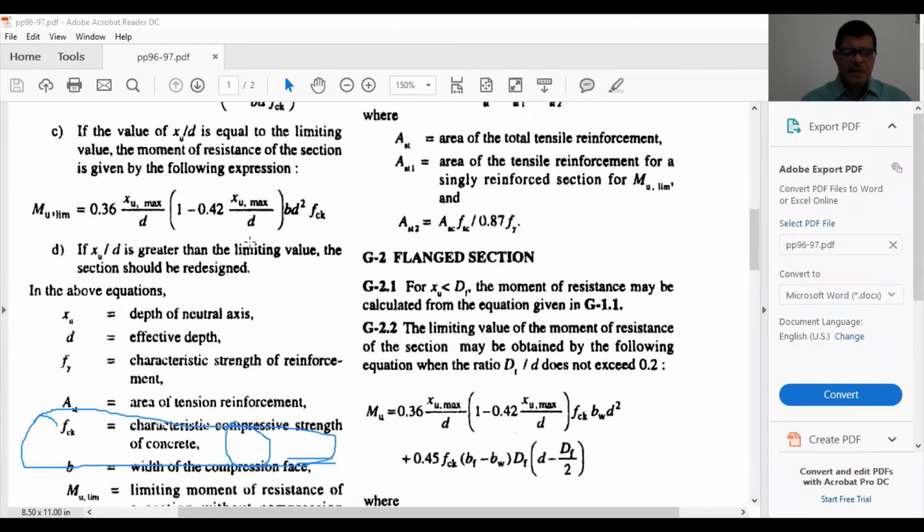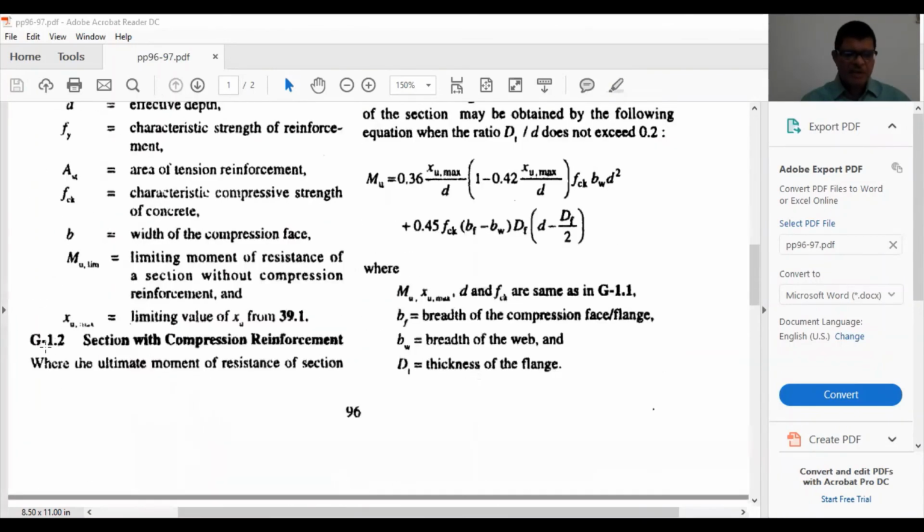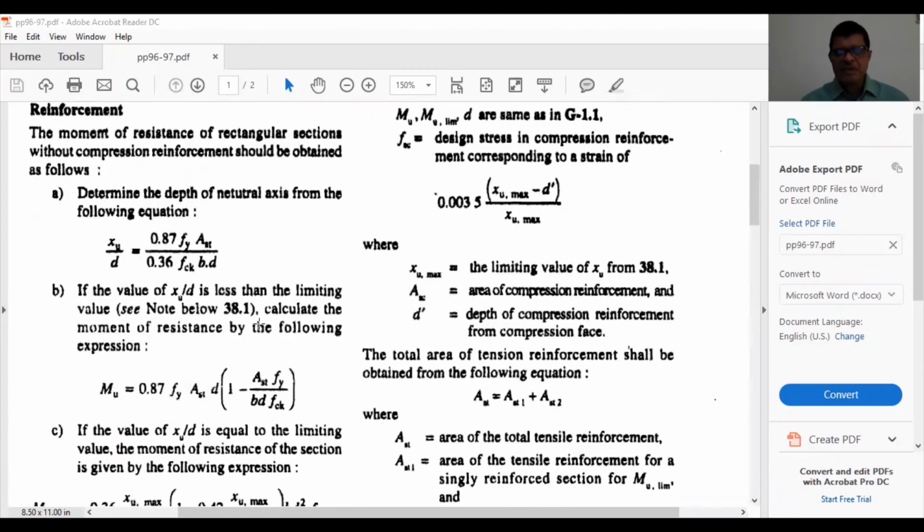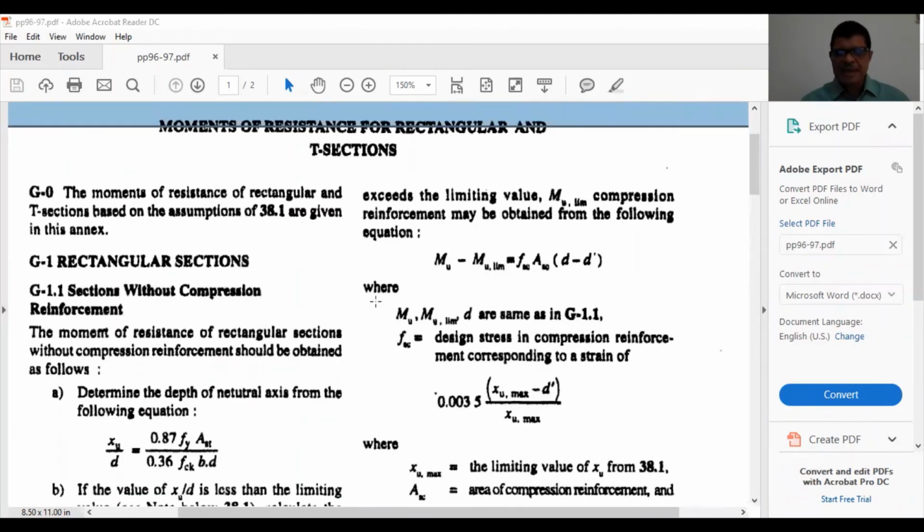Then, what are double reinforced sections? It is given here in G1.2, section with compression reinforcement. When the ultimate moment of resistance of the section is more than the limiting moment, then compression reinforcement may be obtained by this formula: MU minus MU limiting divided by FSC into (d minus d dash).